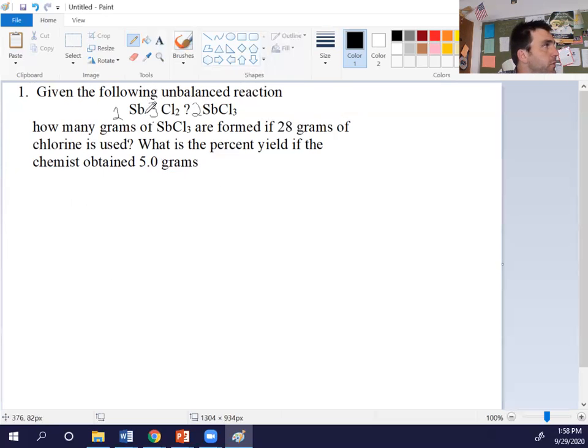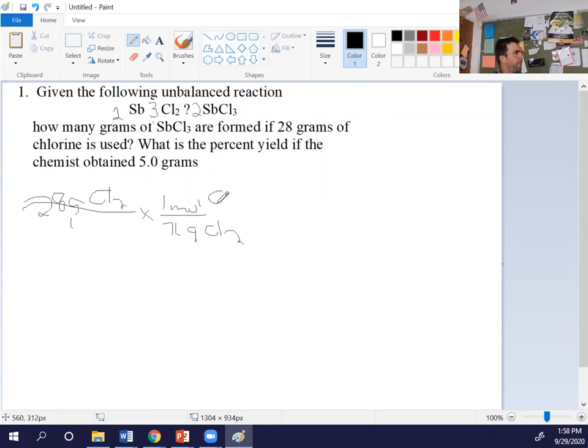So, 2, 3, 2, she was correct. Now I need to do a stoichiometry problem first, don't I? So 28 grams Cl2 over 1 times, I tell you that's 71 grams Cl2, 1 mole Cl2 times 3 mole Cl2, 2 mole.